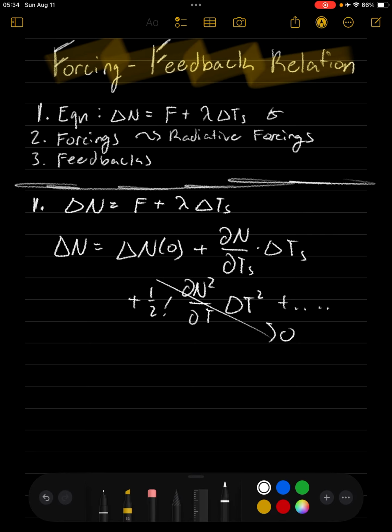So in this equation right here, we will normally set the first term, the initial term, as the forcing, while this term right here is the feedback. The feedback, and actually this right here specifically, this term is lambda, which is like the climate feedback parameter.